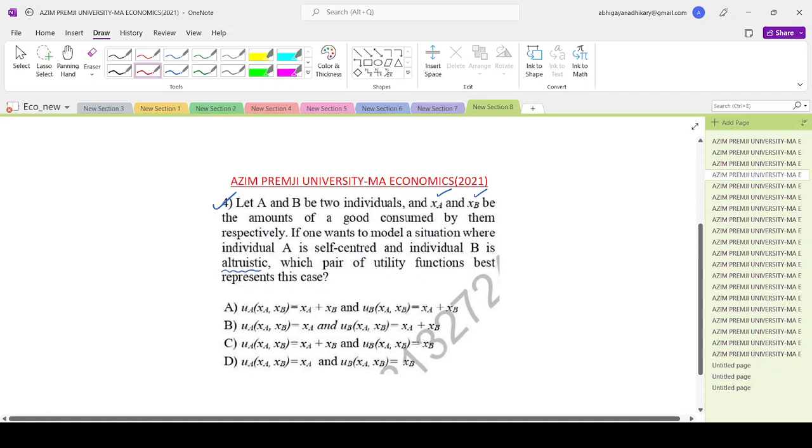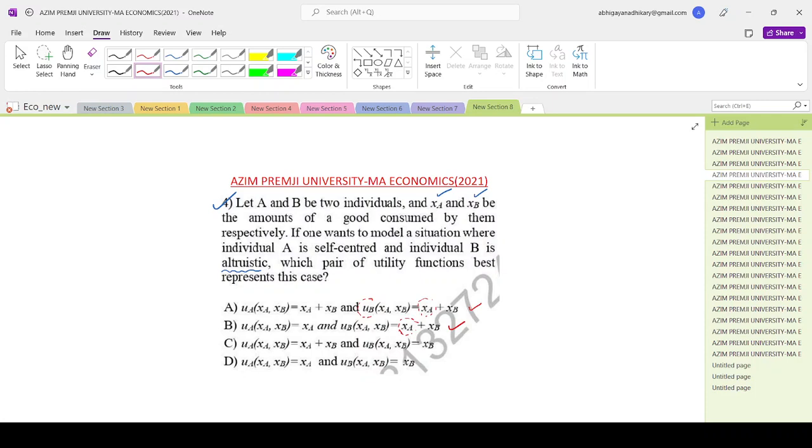That means if you look at the options that are given, it can be either option 1 or option 2, because UB is a utility function of individual B and XA is an active component in both the cases. That means individual B cares about the consumption of individual A, and if individual A manages to have higher and higher consumption level, individual B's utility also increases.